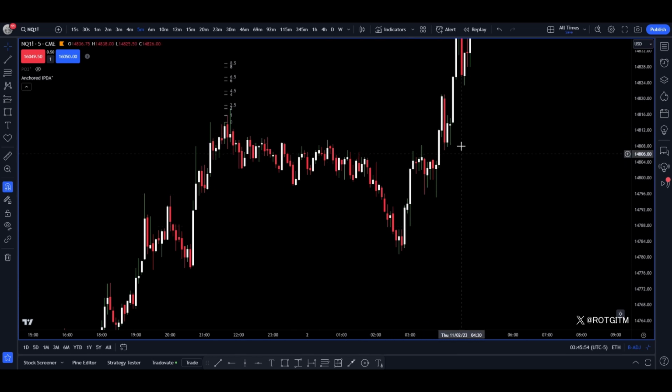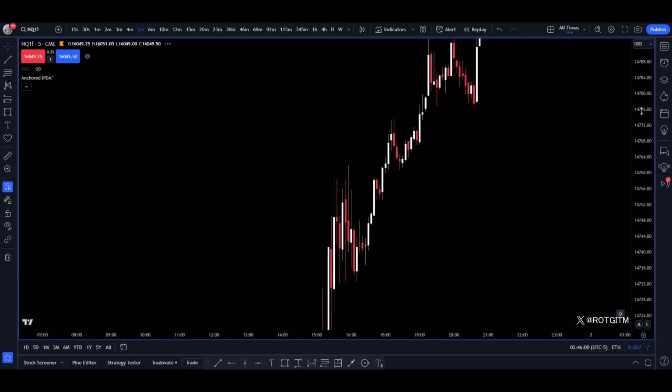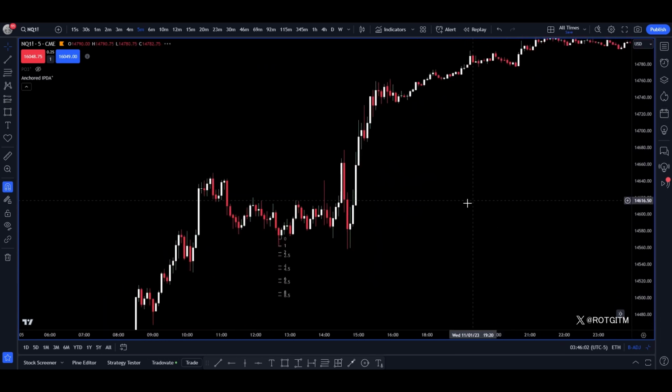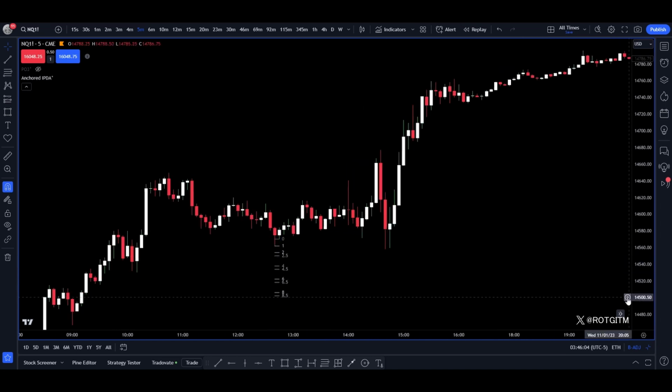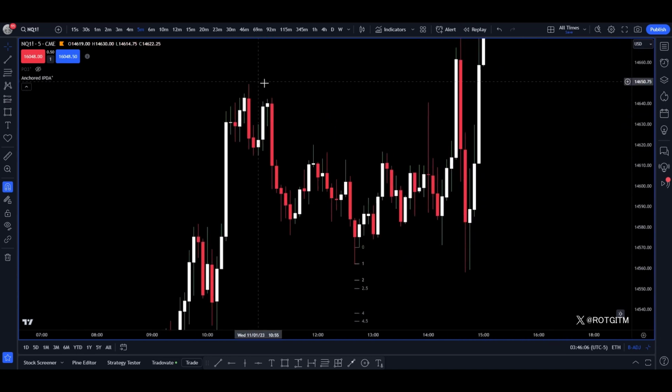Well, I mean it does, but after this move here. You should probably go through your charts and do the same. Here we go again, right? Consolidation area, swing low, subsequent wick.